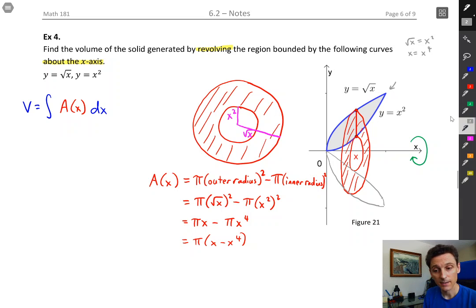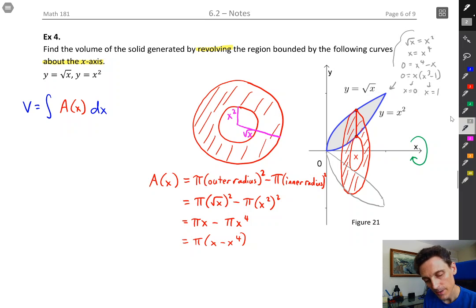We can take one of the terms and move it to the other side and factor. And here you get x equals 0, which was actually the left end of our region, and then x equals 1, which is on the right side of the region.